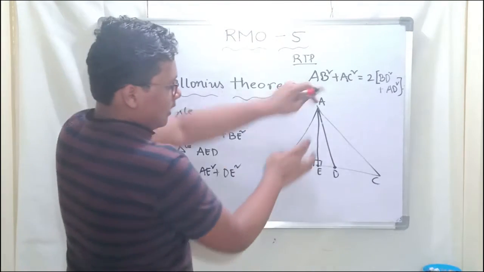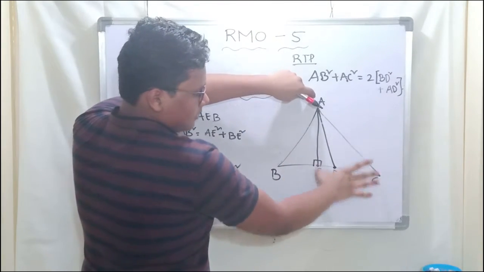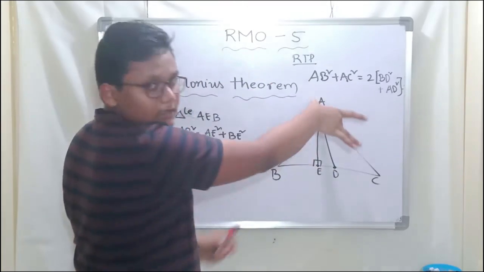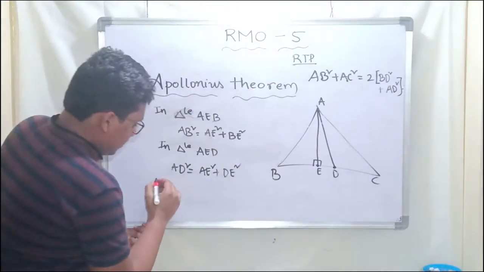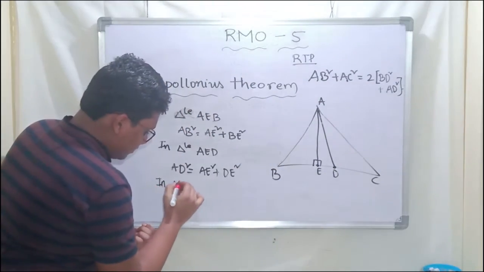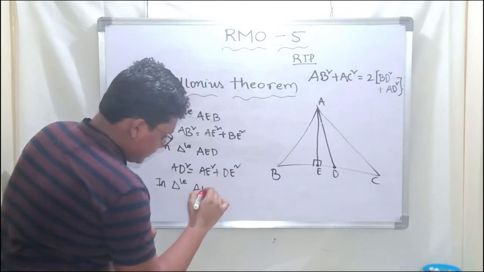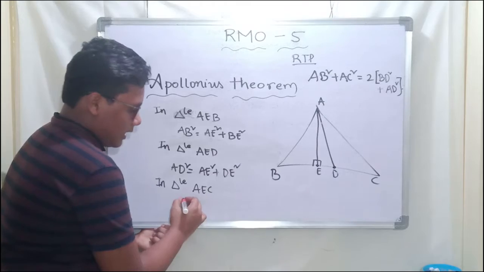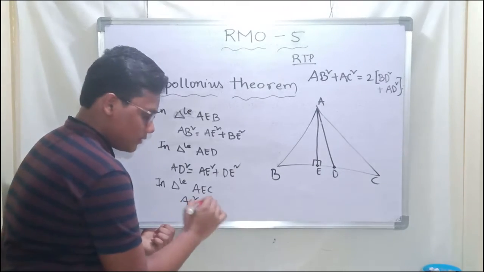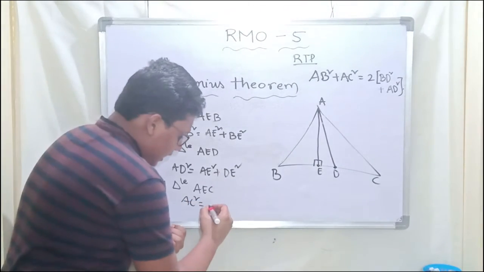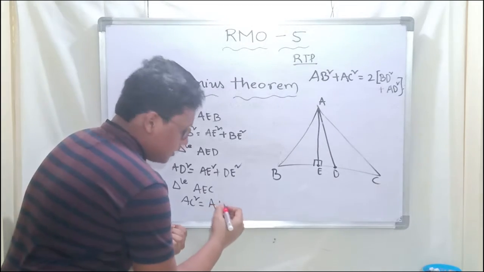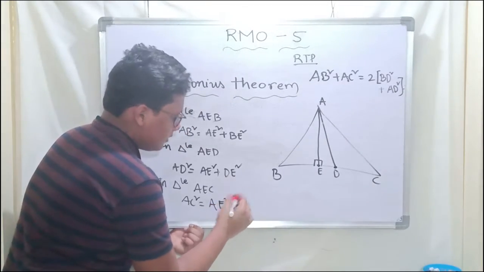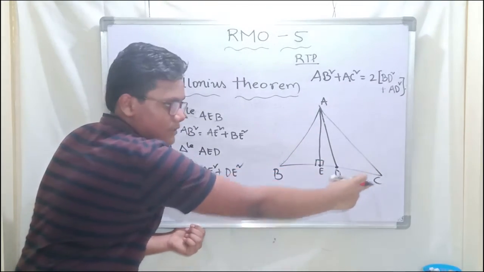And in triangle AEC, AC square is equal to AE square plus EC square.